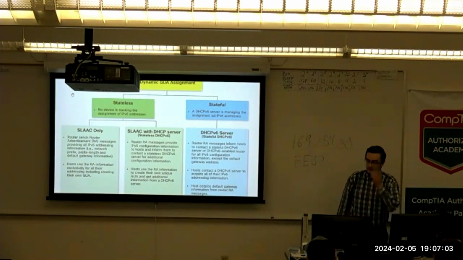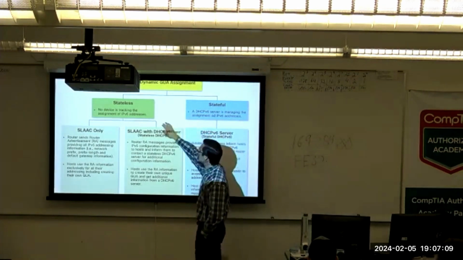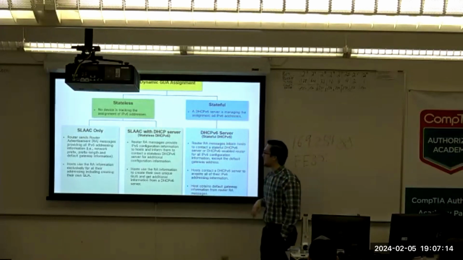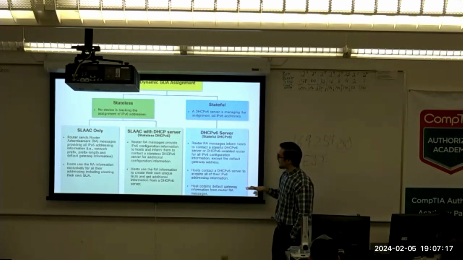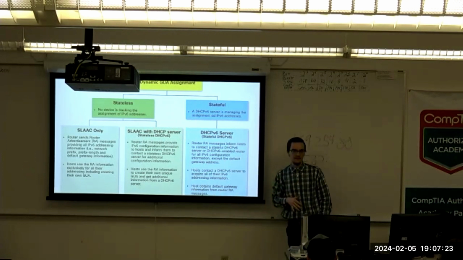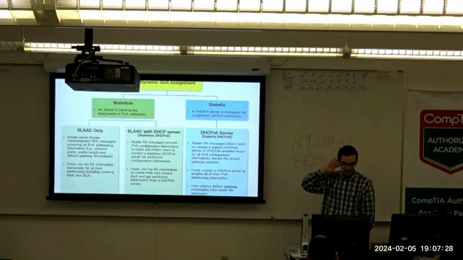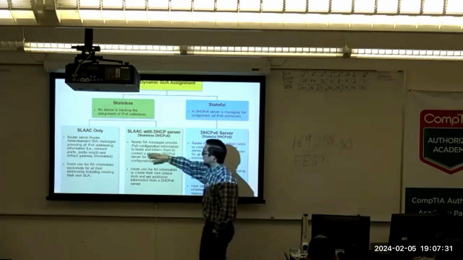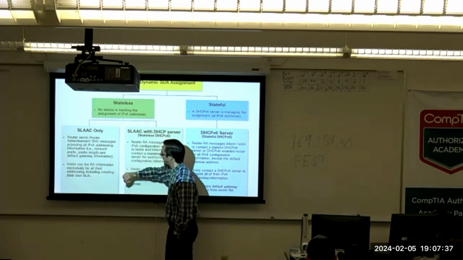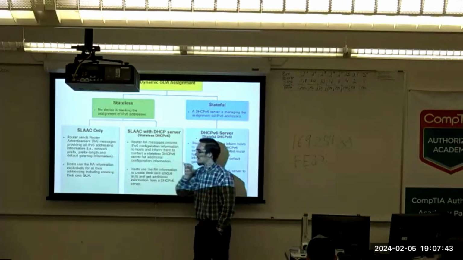Okay. So two ways to get your GUA, global unicast address, stateless and stateful. So stateless means there's no central DHCP server to dictate. We just go by word of mouth. Basically, we go based off of what the router is advertising, and then we use that information, the prefix, and the fact that that is likely your default gateway that just broadcasted itself.